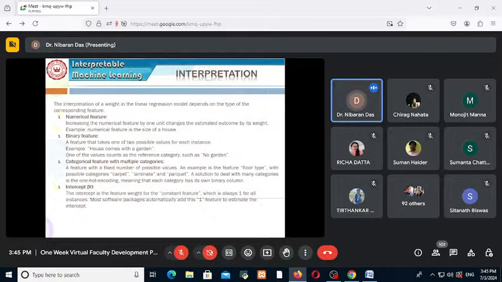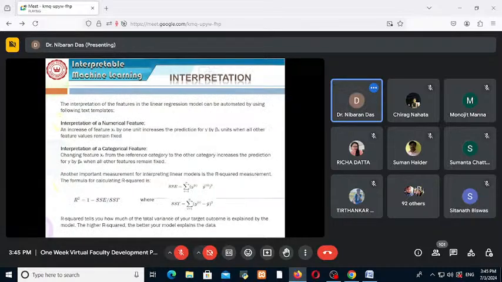An example is a floor feature, with possible categories of carpet, laminate, etc. Whereas the intercept beta 0 is the feature weight of the constant feature, which is always 1 for all instances. Most software packages automatically add this feature to estimate it, like w0 x0 or beta 0 x0, where x0 is the bias feature, because it is treated as 1 in most software.